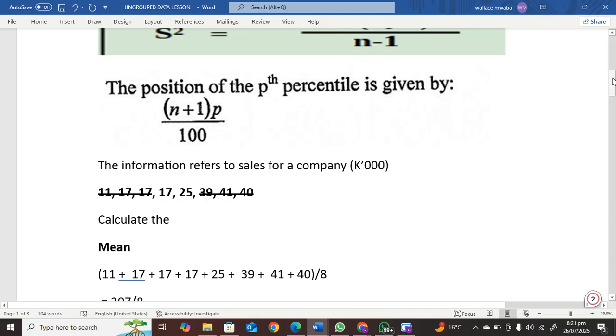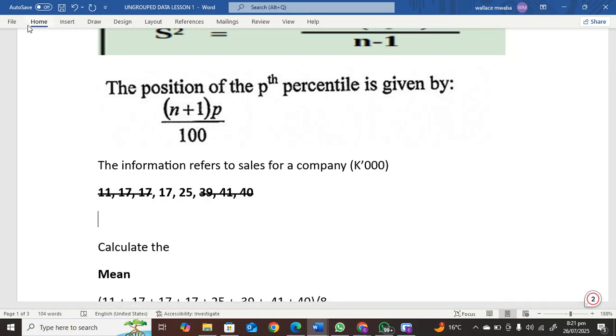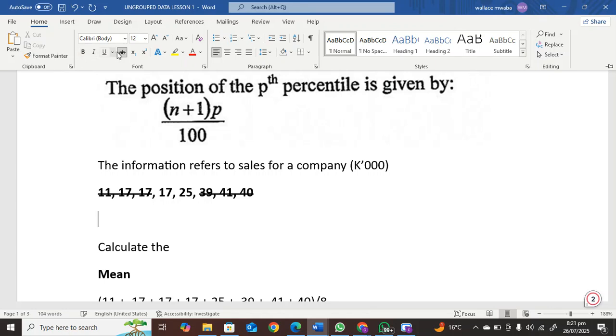Then, as I said, if the numbers are a lot, you can use this formula to locate them. The percentile: the median is the 50th percentile. So if you're using this formula here, n is 8, because I know in your exam they are not going to bring a small amount of numbers like this.